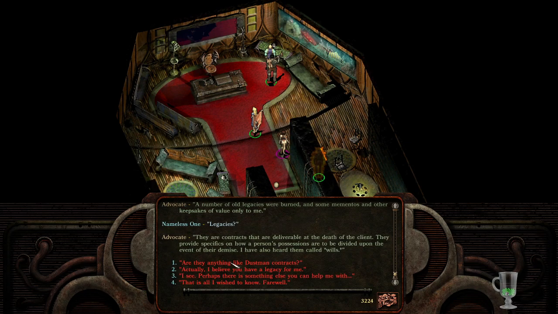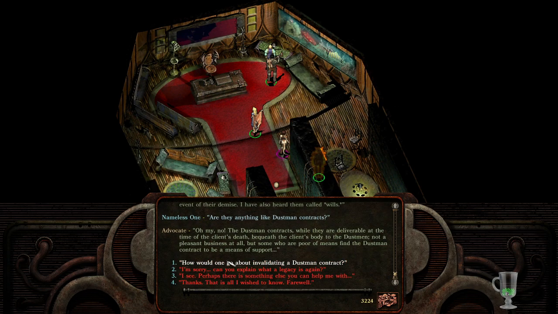Legacies? There are contracts that are deliverable at the death of the client. They provide specifics on how a person's possessions are to be divided. Oh, the Dustman contracts, well, they are deliverable at the time of the client's death. Bequeath the client's body to the Dustman. Not a pleasant business at all. Some who are poor of means find the Dustman contract to be a means of support.